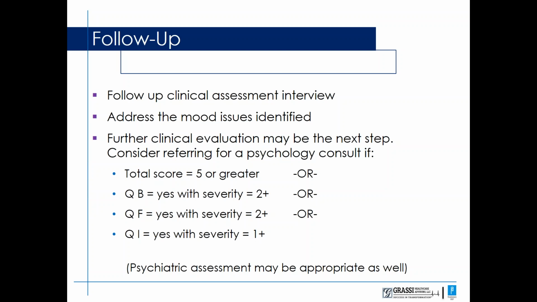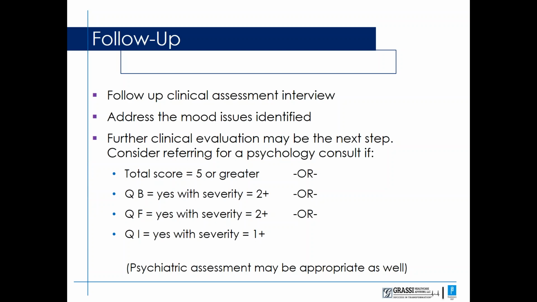If somebody has a severity of more than half the time to question B, which, as I recall, is the question that says, are you depressed? If they say yes, more than half the time I feel depressed or down, then definitely get them an evaluation, even if that's the only question that they answer that way.